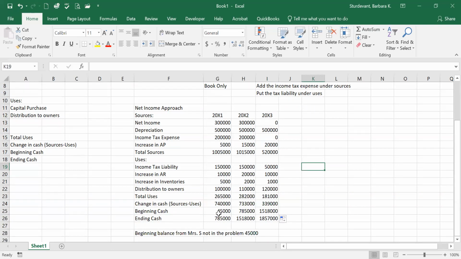The change in cash is added to a beginning balance that would be given to you if you had it. The ending cash for the first year becomes the beginning cash for the second year, and so on and so forth. Any questions? The net income approach is definitely the easier and shorter of the 2 methods that we're going to do.